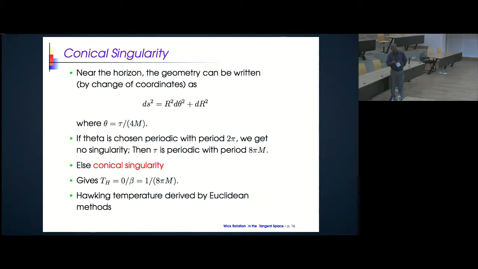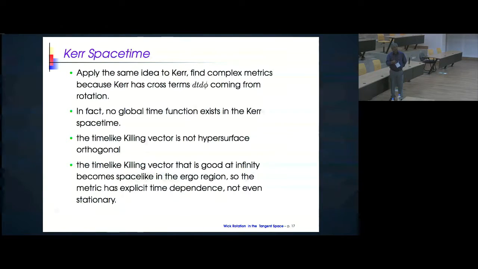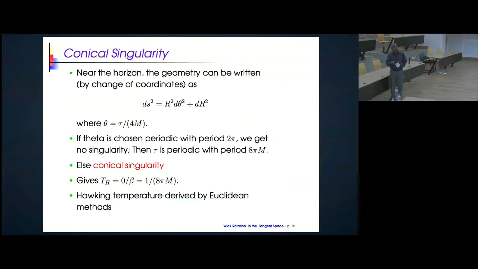If you carry out the algebra, the geometry near the horizon can be written by a change of coordinates in this form, where this theta is tau upon 4m. If theta is chosen periodic with period 2 pi, we get no singularity at the origin of this coordinate system.